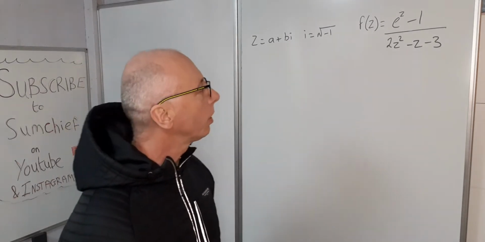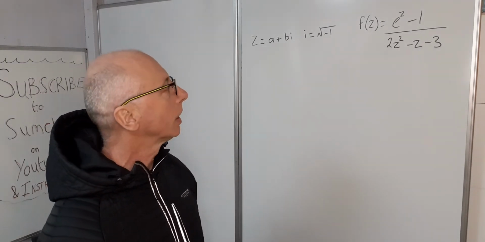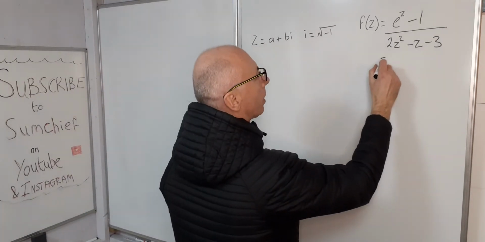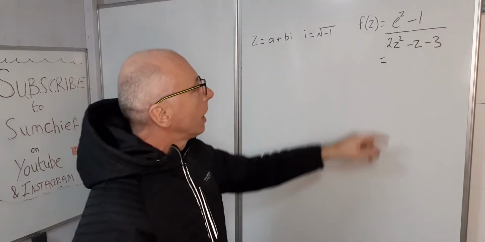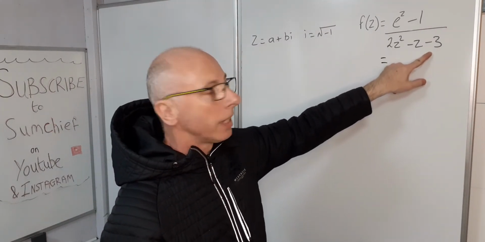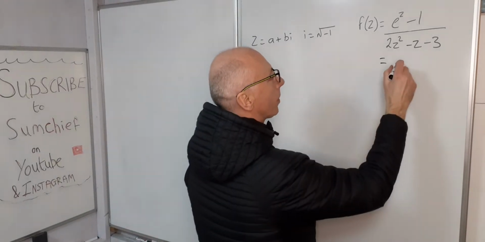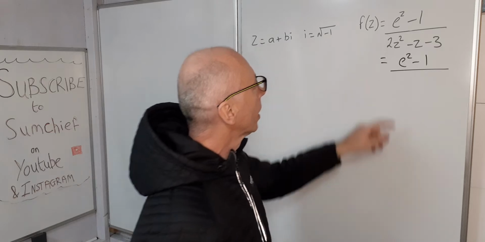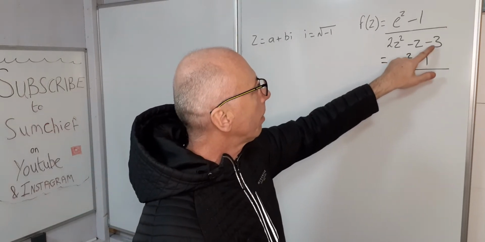Okay, so find the residues of this. Well, first of all, it will help if we can find the singularities. To find out where this can be 0, let's factor it and see what we get. So this is e to the z minus 1, that can stay, over 2z squared minus z minus 3.